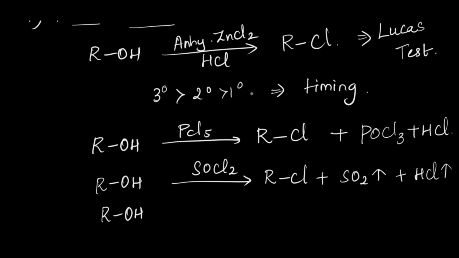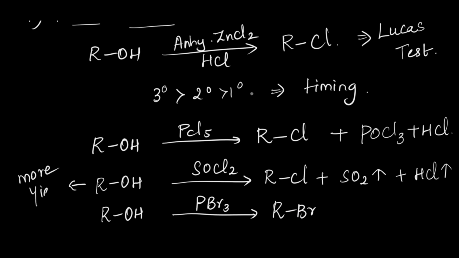And you can use PBr3 to produce RBr, which means you can use any halogen to produce the corresponding haloalkane. Among these, this method is more effective, which will give more yield.